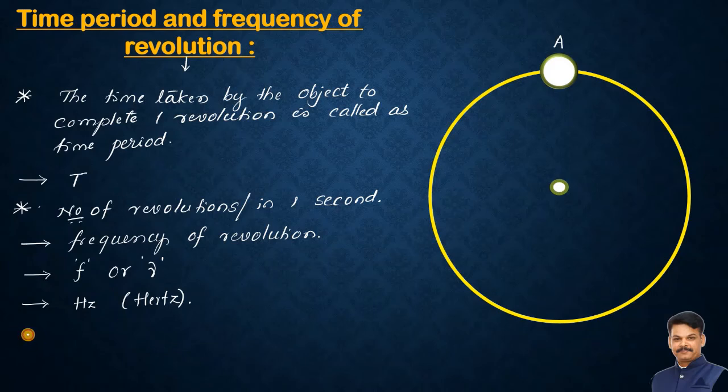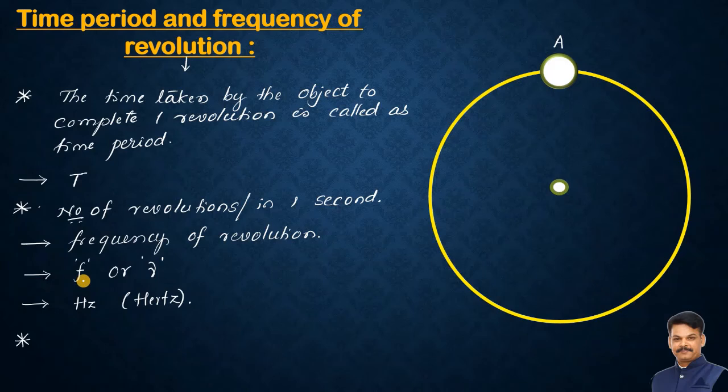Now, is it possible to have a relationship between the time period and frequency? Yes, definitely we can have the relationship between them. When we observe these two concepts together carefully, T is the time taken for one revolution, and f is the number of revolutions in 1 second.